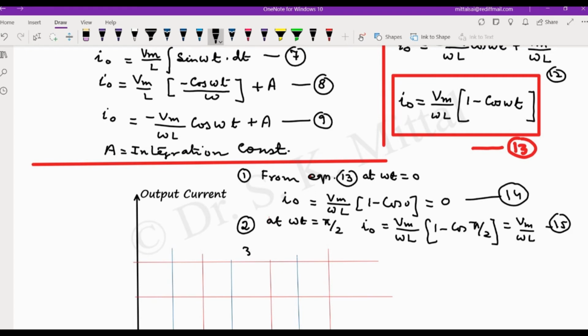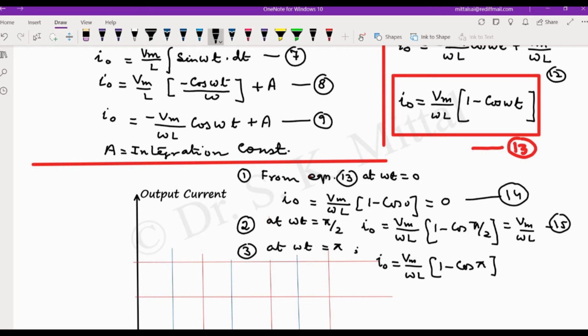One more calculation we will do, and we will see the result. At omega t is equal to pi, what is the value of I0? I0 is equal to Vm upon omega L times 1 minus cos pi.